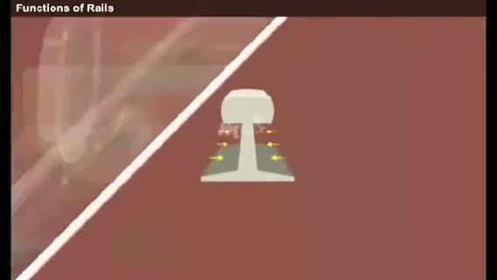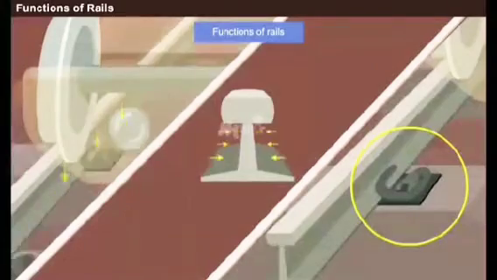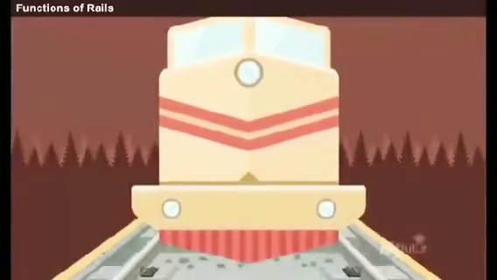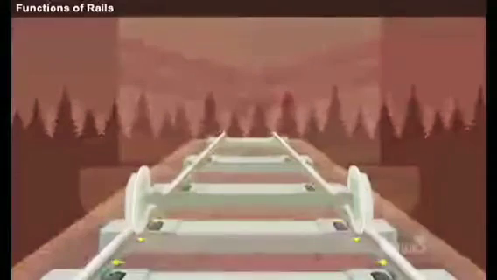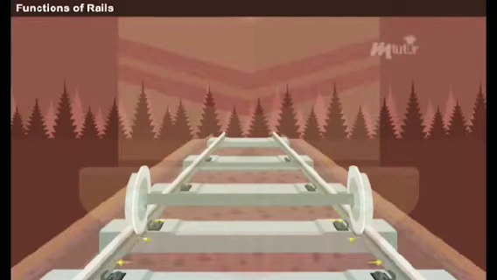In addition to the stated individual functions, the rails perform the following functions in general. They serve as a lateral guide for the movement of train wheels by providing a leveled and continuous surface. They also provide a smooth pathway with very little friction.